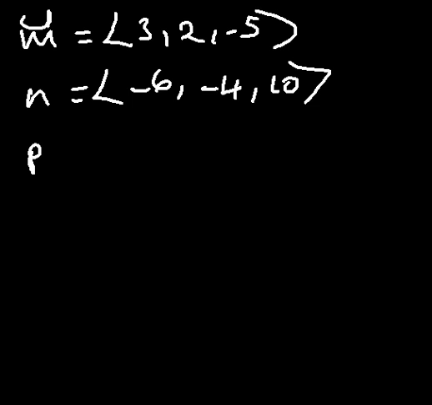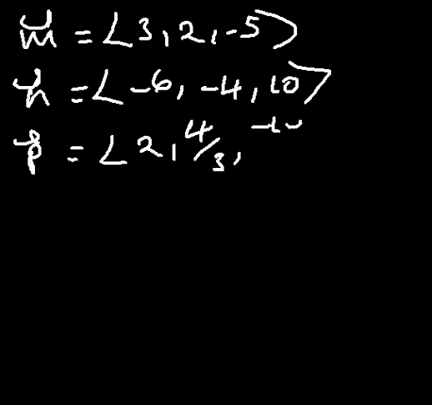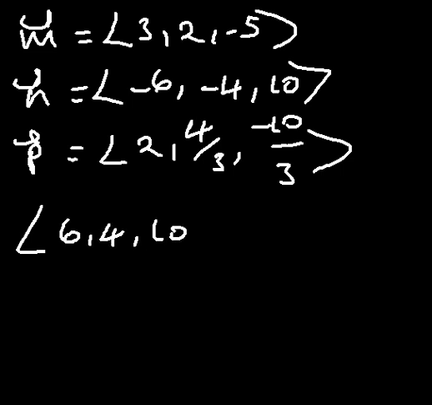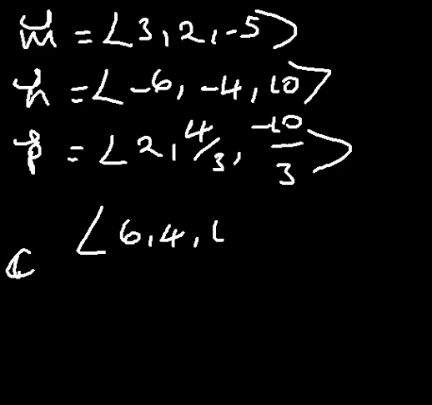And also we have a vector b, given as 2, 4 over 3, negative 10 over 3. And we have another vector, 6, 4, 10, which is a vector q.